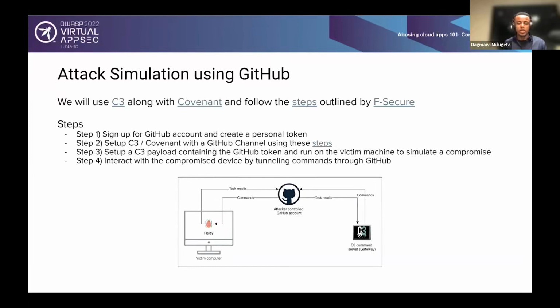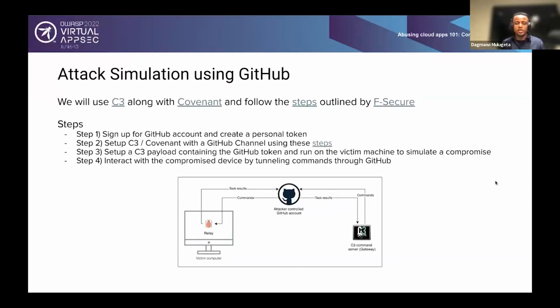Once we have those 2 set up, we're going to generate a malicious payload that contains this GitHub token, and we're going to run this on the victim machine to simulate a compromise. Once we have simulated this compromise, we're going to interact with the compromised device by tunneling commands through GitHub.